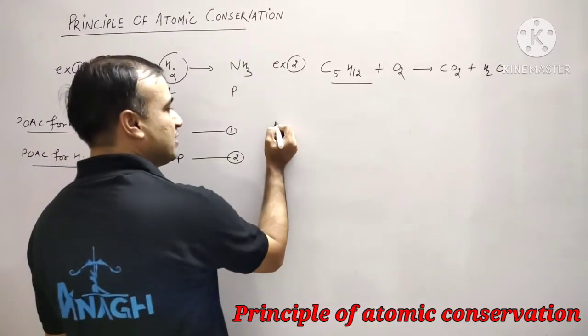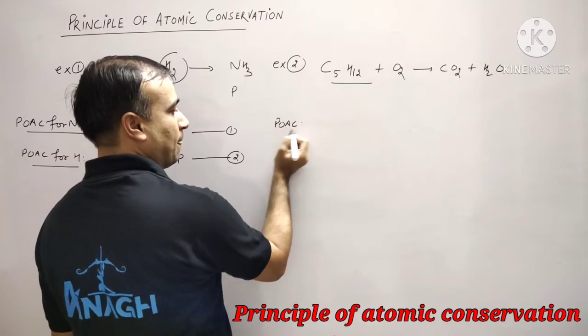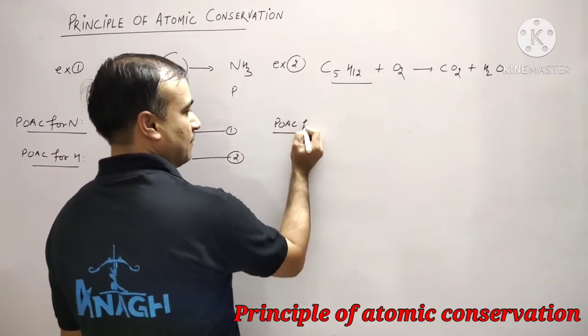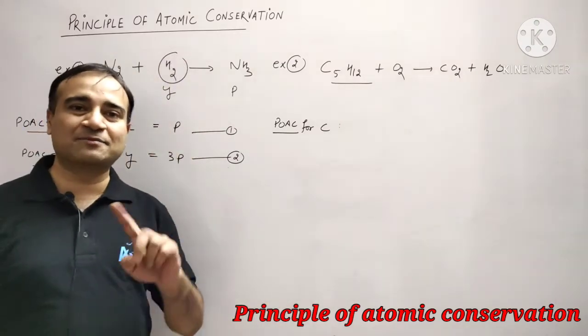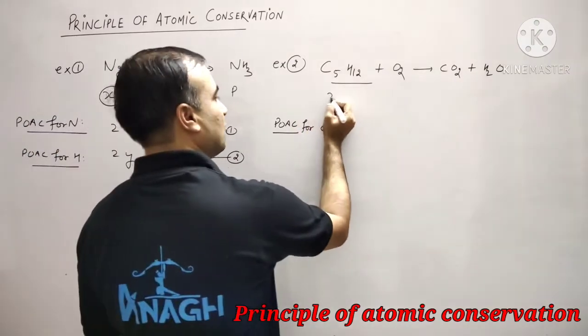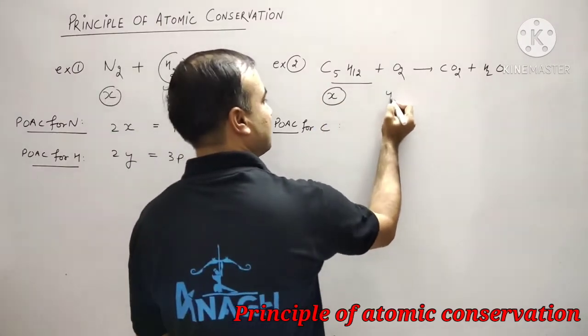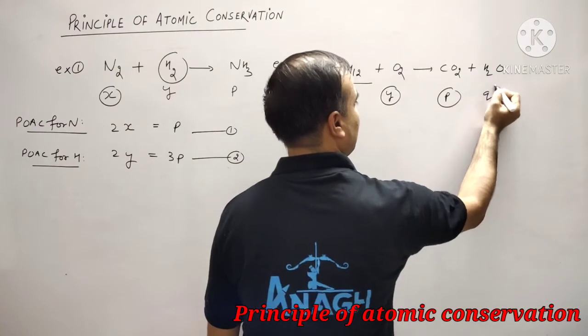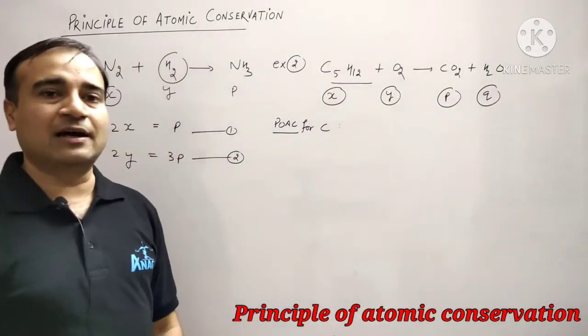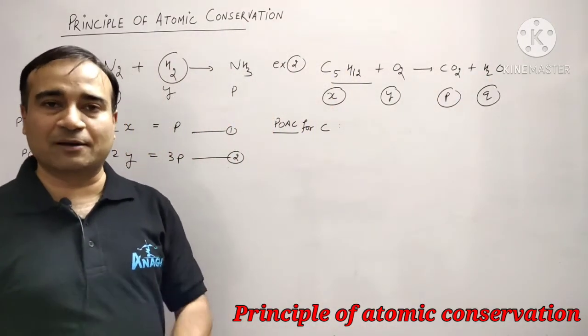Let us apply POAC for carbon. Number of moles of carbon atoms on both sides. If X moles of pentane react with Y moles of oxygen in order to form P moles of CO2 and Q moles of water, I am applying POAC for carbon.